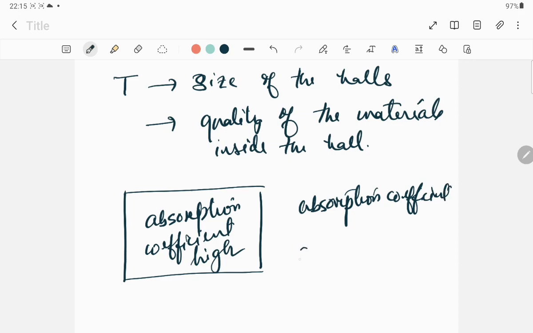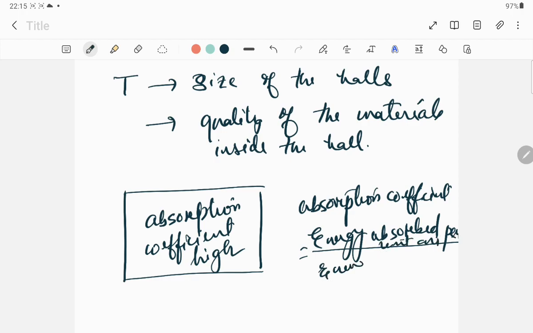the absorption coefficient of a material is nothing but the energy absorbed per unit area divided by the energy incident per unit area of that surface. Suppose the absorption is very high, then what will happen?